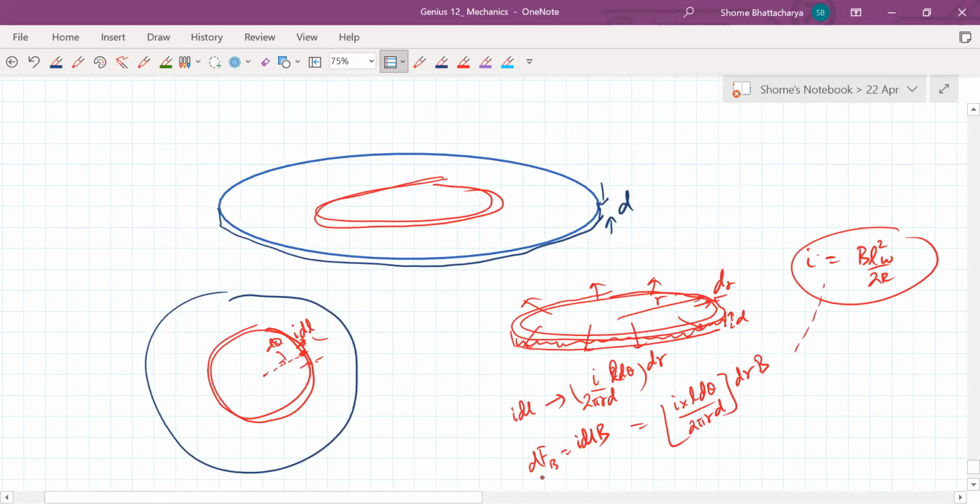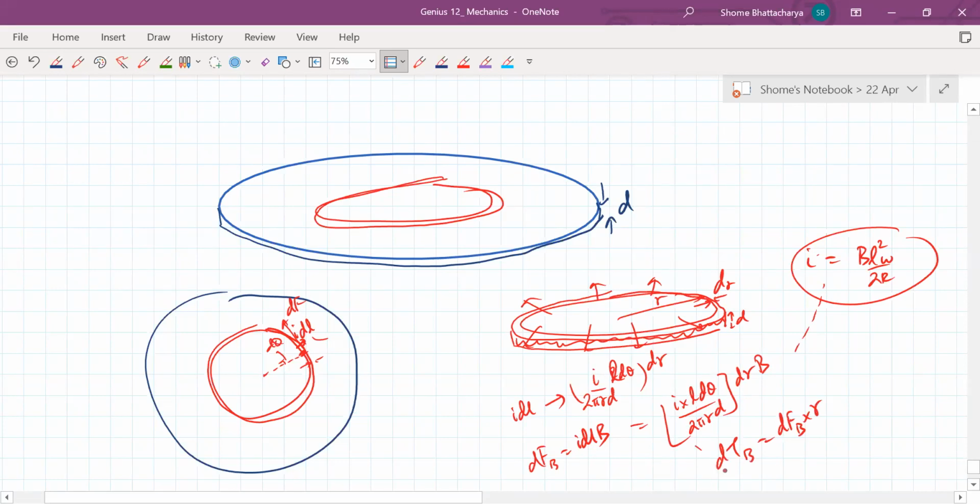This is the magnetic force just acting on a sectional element like this, dF. So that is creating how much torque? A torque of that sectional magnetic force multiplied by R, the moment arm.